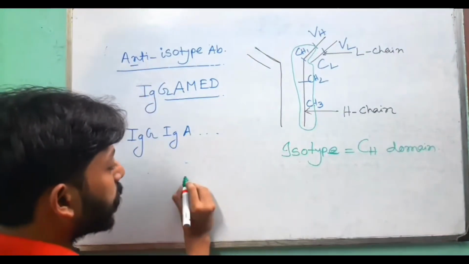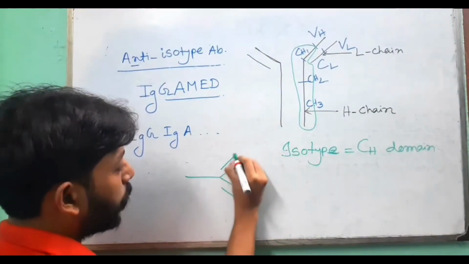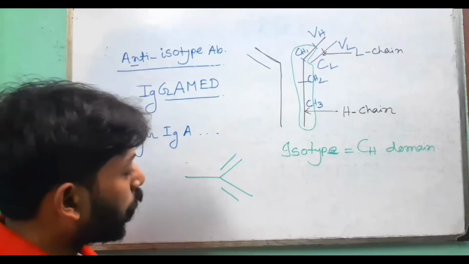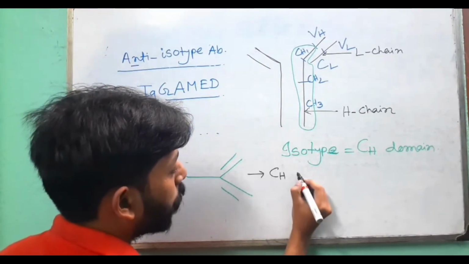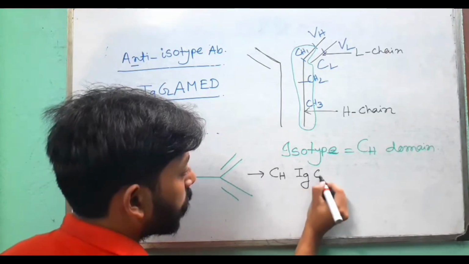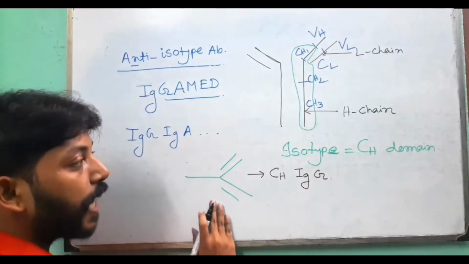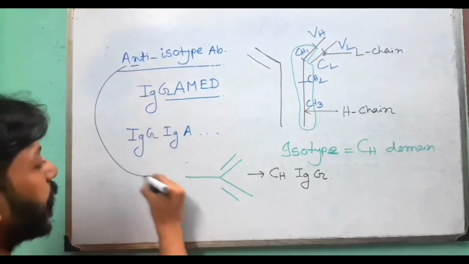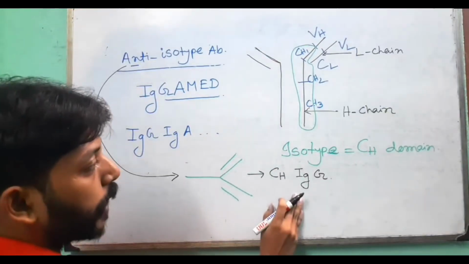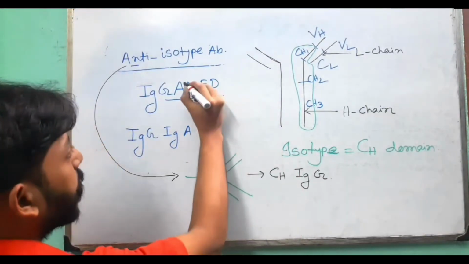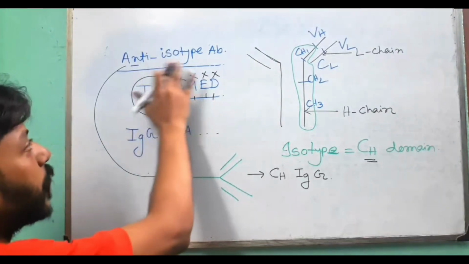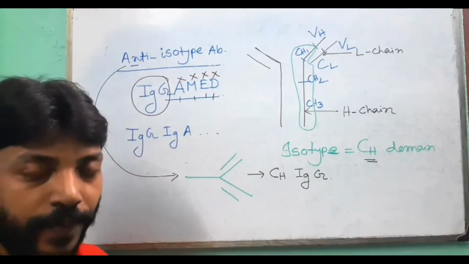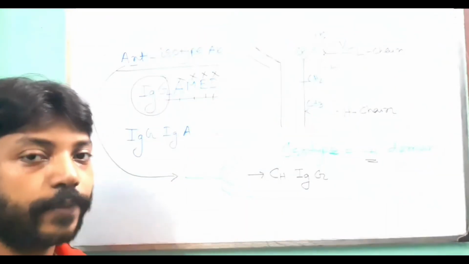Let's assume this is an anti-isotype antibody. If this antibody recognizes a particular constant heavy domain like IgG, then this anti-isotype antibody cannot recognize other types like A, M, E and D. Anti-isotype antibody means an antibody that is against a particular type of isotype.